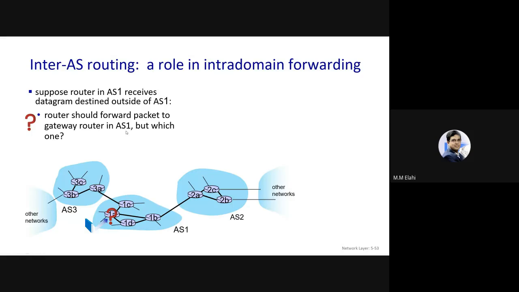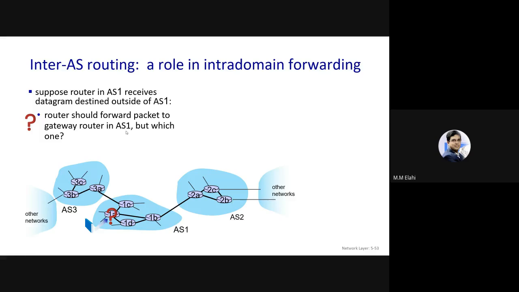Every autonomous system or organization will have some routers that are also connected to another autonomous system. For example, when UIU connects to the internet, definitely there is a router that we call a border router or gateway router that is connected to the ISP. If one ISP is connected to multiple ISPs, definitely there are routers through which they are connected to another autonomous system.